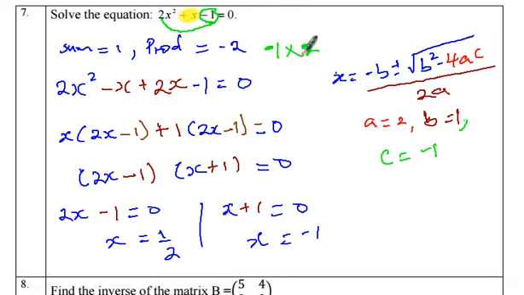Now, what do we do next? Now we're going to split the middle term into 2. So instead of writing 1x, we are writing it as minus x plus 2x. Please note, what you write here should be able to give you back the original term you have in the given equation. And now what do we do next?